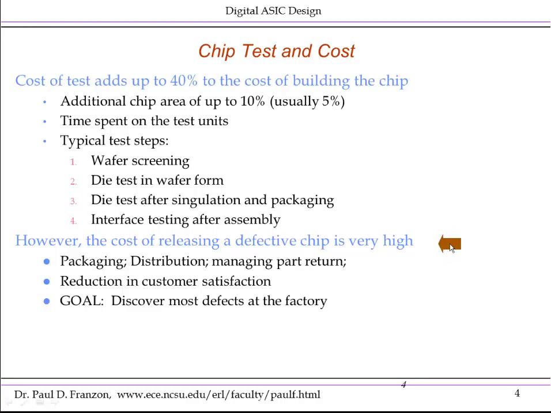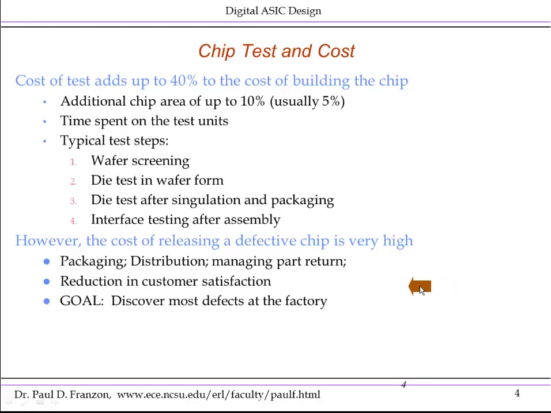And I'm going to remind you that even though the cost of test might seem high, the cost of releasing a defective chip is much higher. You spent money on packaging, you spent money on distribution, and now you have to manage the part returns. All of those are much more than this cost of catching the defect in the first place.